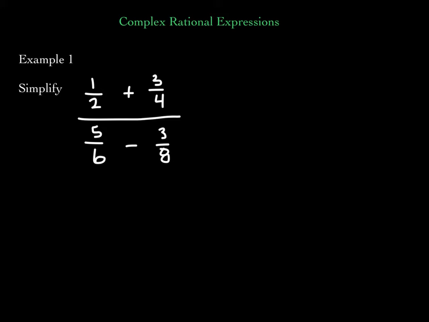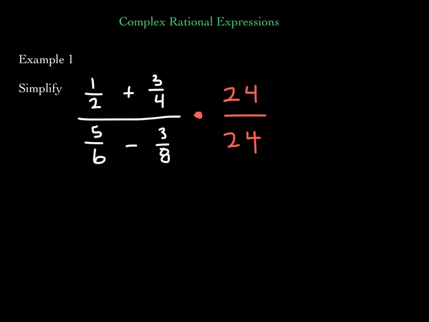So in this case, the LCD would be 24. All right, so what we're going to do is multiply by 1, but in the form of 24 over 24. We all know that any number divided by itself or any expression divided by itself is just 1.